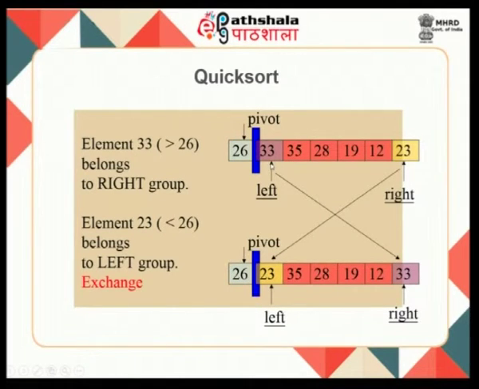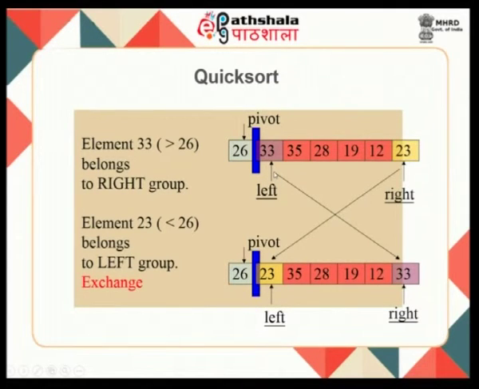Now, the left pointer points to 33. 33 is actually greater than 26. Therefore, it belongs to the right group. Here, the right element pointed by the right pointer, 23, is actually lesser than 26. Therefore, it should go to the left group.